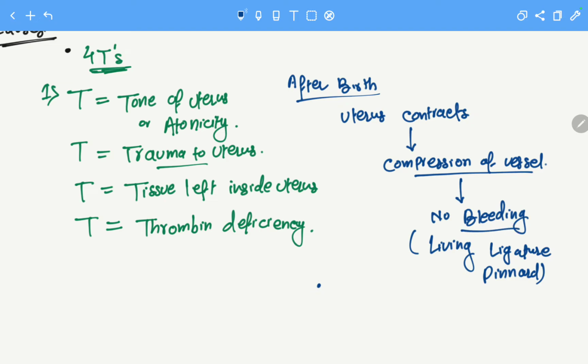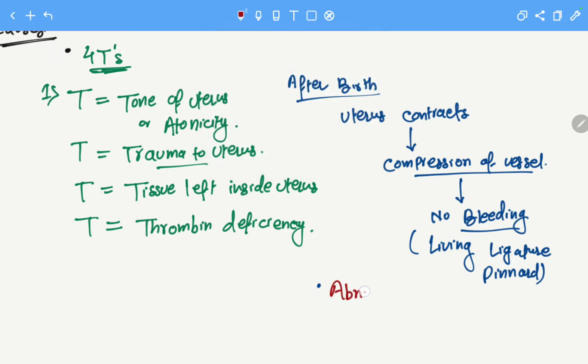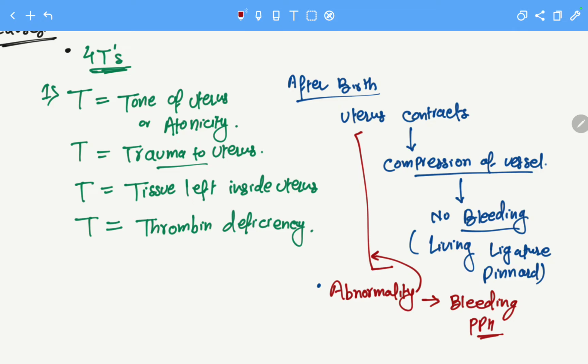Right, if there would be any abnormality in this process that I have discussed here, that means the living ligature would not act properly, or the compression of the vessels would not be proper, that means there would be continuous bleeding, and it is known as PPH. Okay, so this is the pathology.